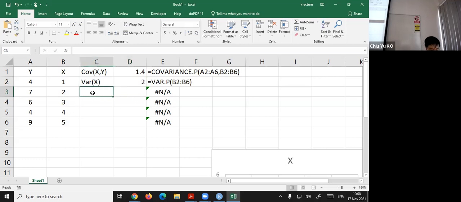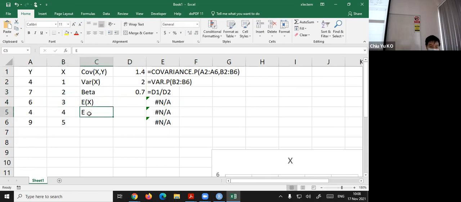So that's how we know the slope, or the beta if you want. It's just covariance over variance. So it's 0.7. And to calculate the intercept alpha, we need to calculate the mean of x, E of x. Let's do EX, and you need the EY, or x bar, y bar, maybe later.